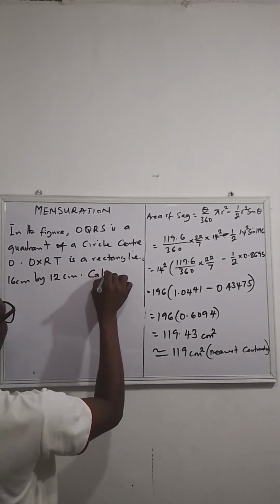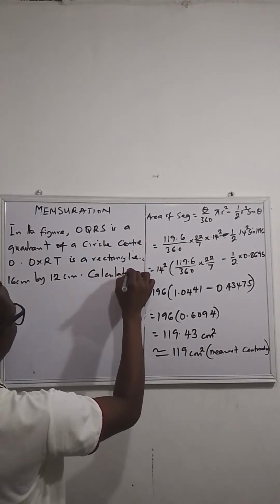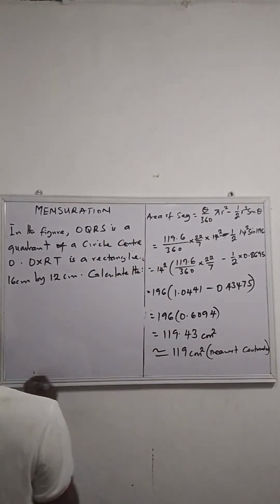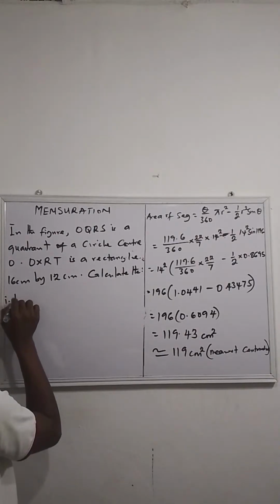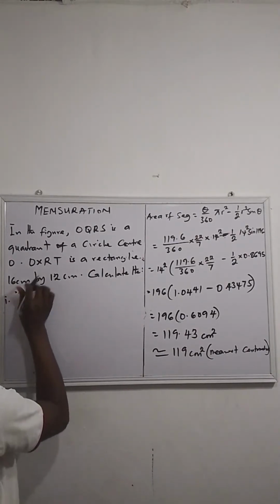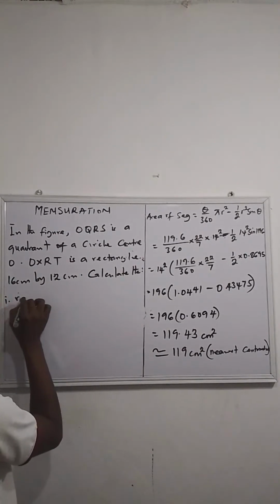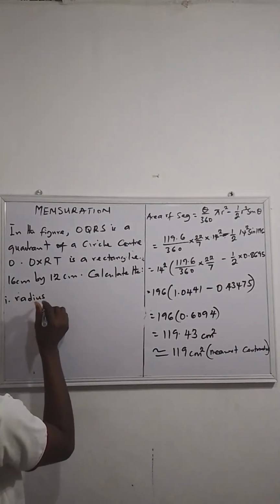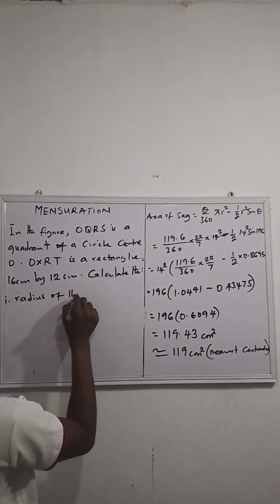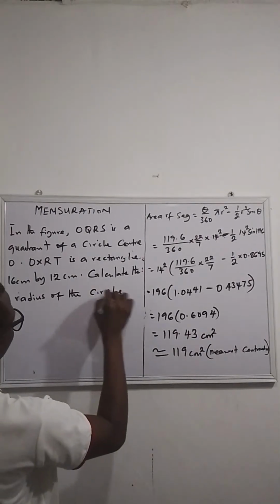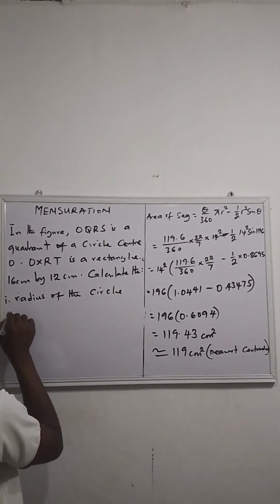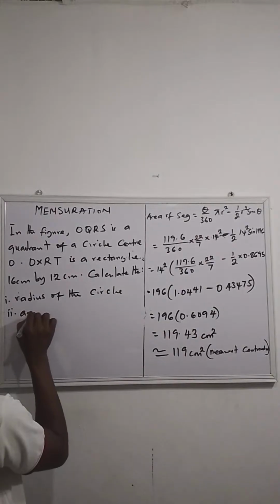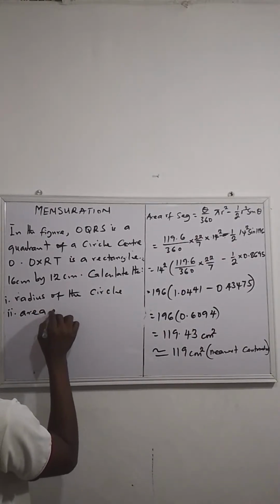So calculate the radius of the circle and the area of the shaded portion.